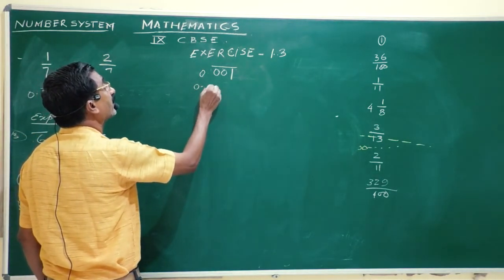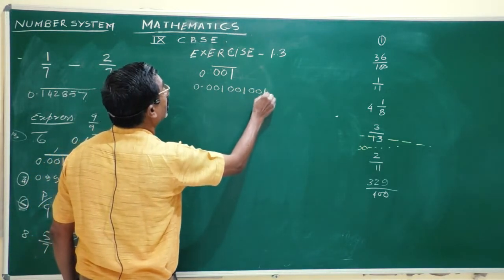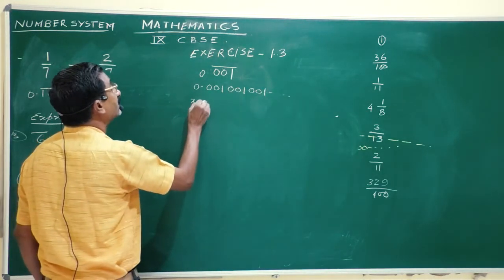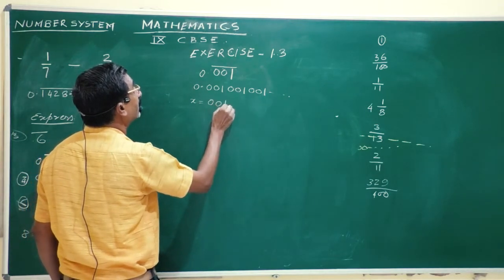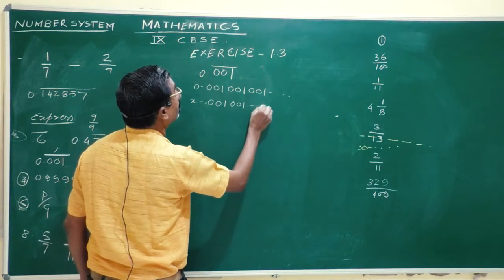So we can write 0.001, 001, 001 and so on. So x is equal to 0.001001 and so on.